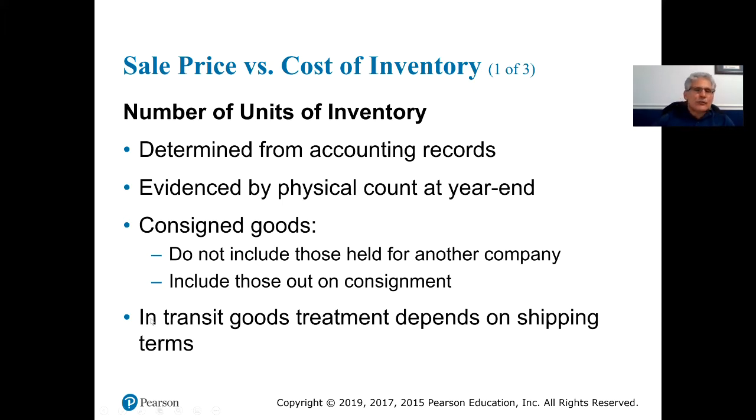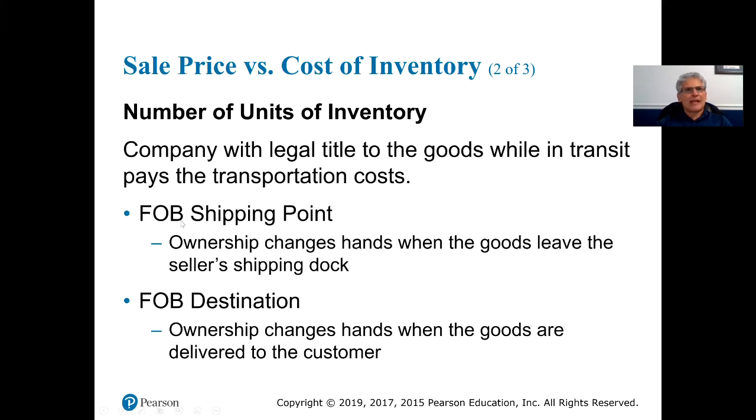And then the other tricky thing that we've talked a little bit about already is goods in transit. Whenever something is in transit, it really depends on the shipping terms, which we mentioned before. The terms can be FOB shipping point or FOB destination.